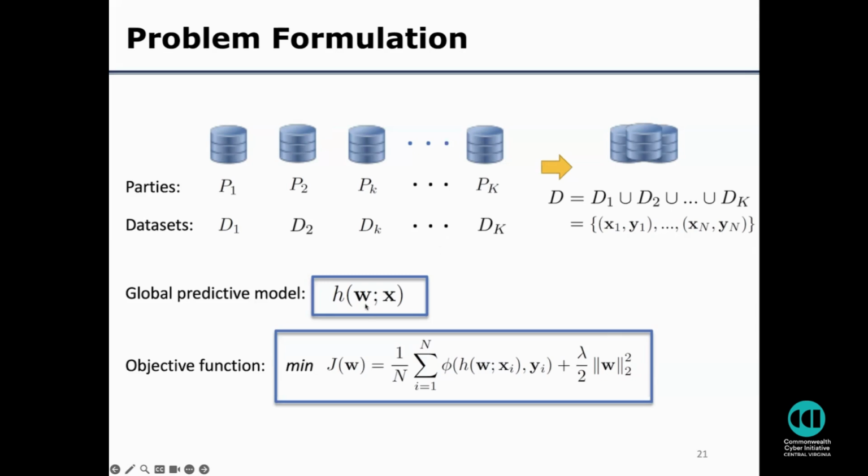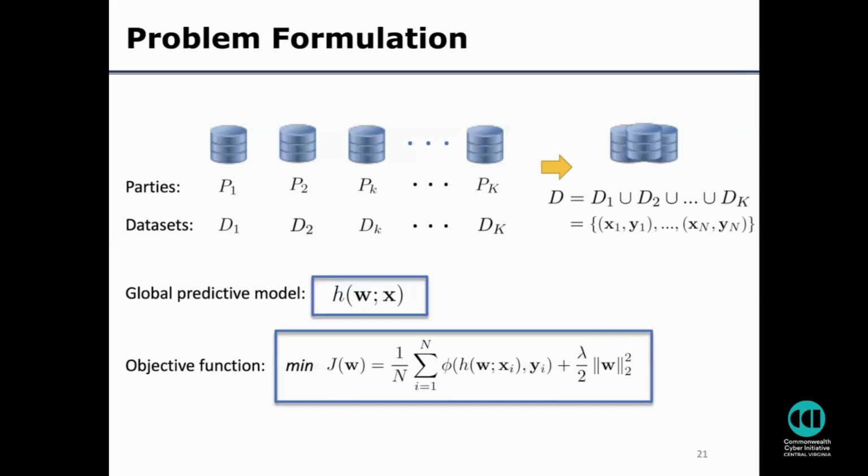Here W is the model parameter. This task is equivalent to training the model on a complete data set. One popular method of training such a model is to use the regularized risk minimization algorithm, which minimizes the objective function here, J of W. The loss function is chosen based on the predictive model we use.